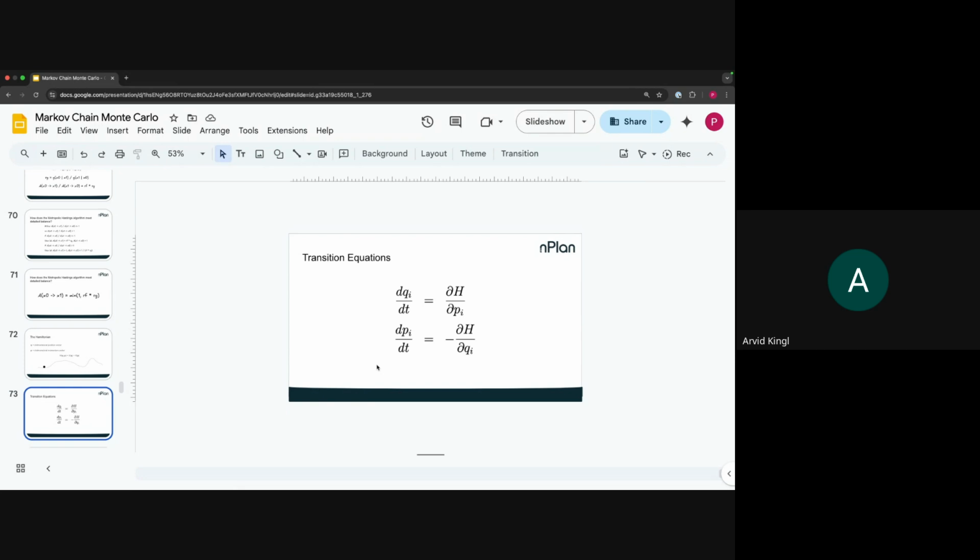So your momentum becomes to some extent a regular variable like your position, which is why these are relatively symmetric. There's a sign and everything, but apart from that, momentum and position are sort of the same, can be treated on the same footing, and that makes it quite powerful, because you don't have to use actual positions. They can be what's called generalized positions, like a particle on a circle, for example, can still be described by this equation, even though Newton would probably break down if you're not very careful.